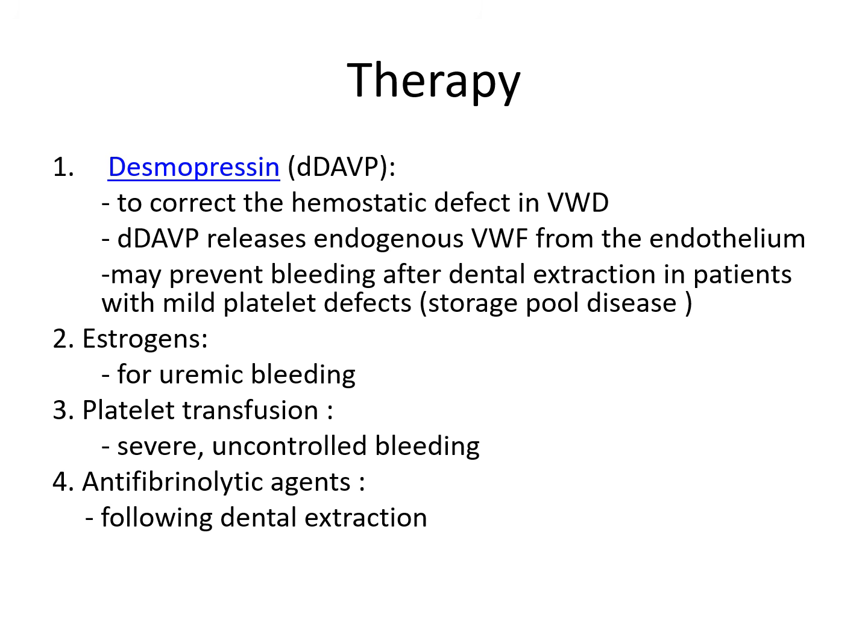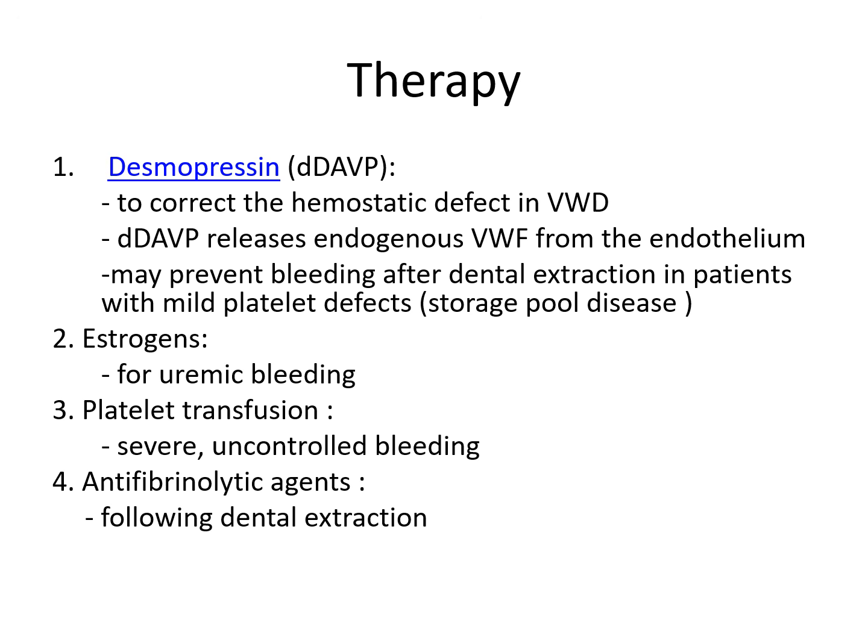So in general, what are the treatments that we use to treat platelet disorders? So we have desmopressin or DDAVP. Desmopressin can be used to correct the hemostatic defect in von Willebrand disease. Why? Because DDAVP helps liberation of endogenous von Willebrand factor from the endothelium.